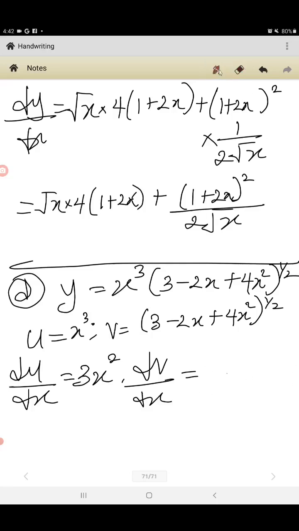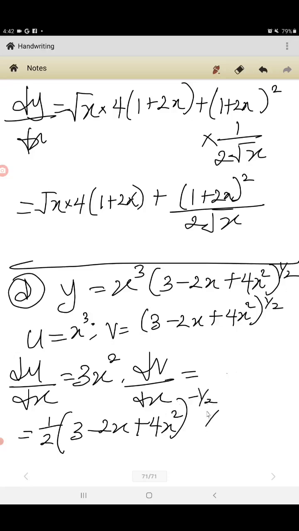So it will be half, that half we multiply 3 minus 2x plus 4x squared onto half minus 1. It will give you minus half times the derivative of inside of this, which is minus 2 plus 8x. That is the derivative of this.